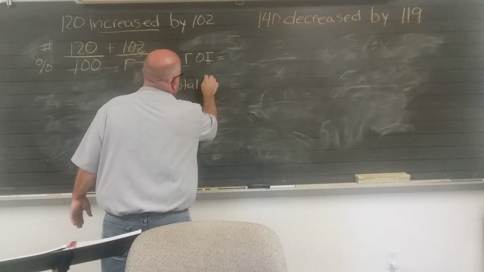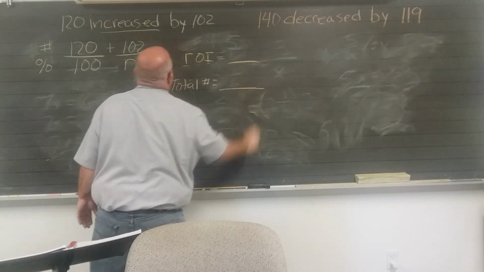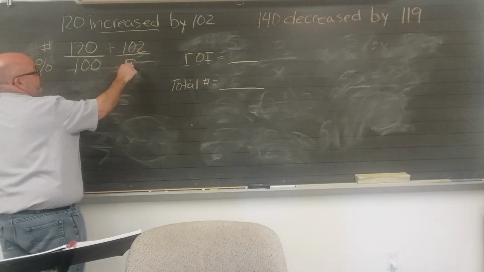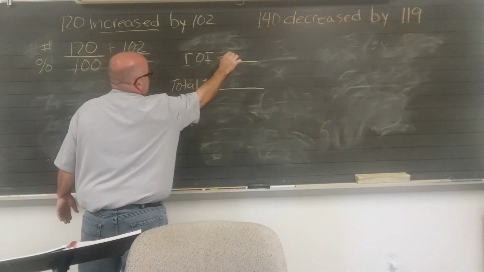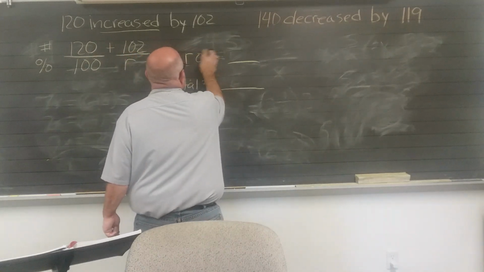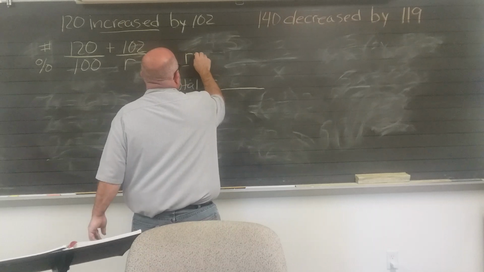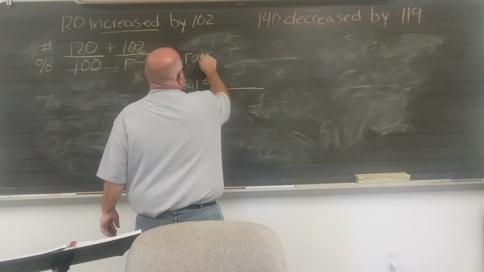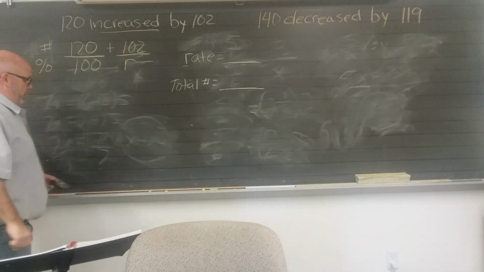Total number. You need two answers. So you need this answer. This is the rate of increase. This is going to be a percent. And that's going to be this right here. R and R. So I'll just put this here. Rate of either increase or decrease. Increase in this case. The total number.